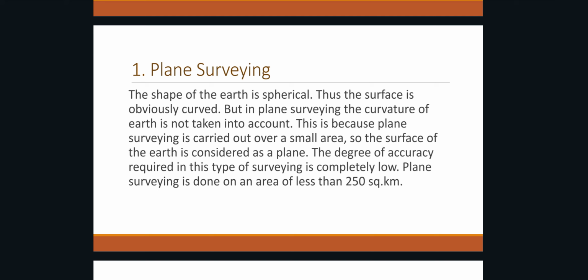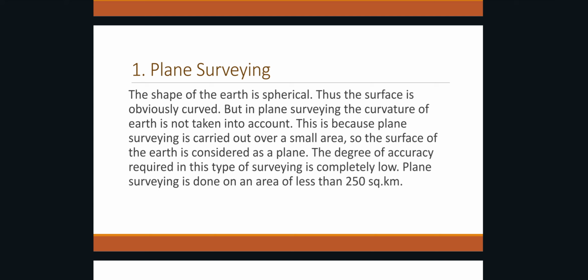We know that the earth is spherical, but in plain surveying we neglect the spherical shape of the earth's surface. Also, the curvature of the earth is not taken into account.